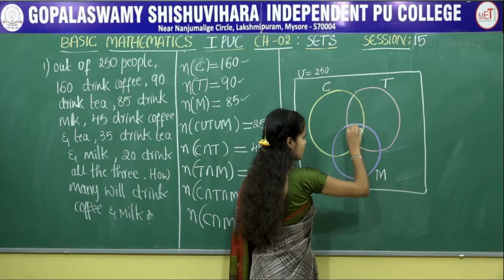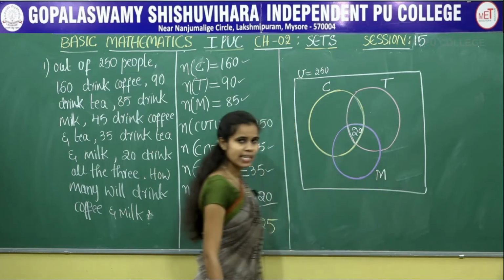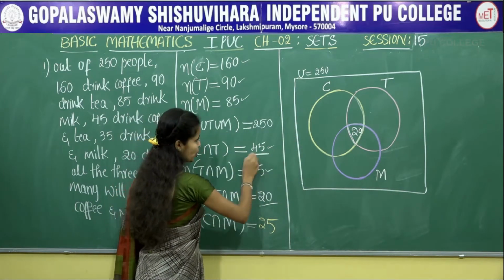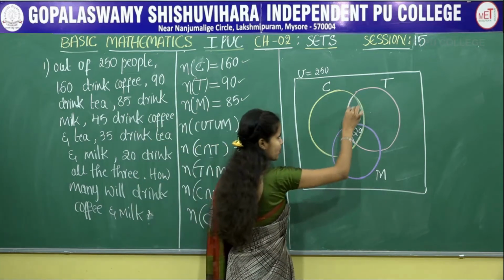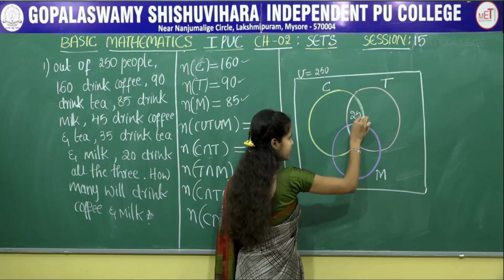Next fill the intersecting portion of C and T. C intersection T is 45. Already we have written 20, we want 45, so the remaining is 25.